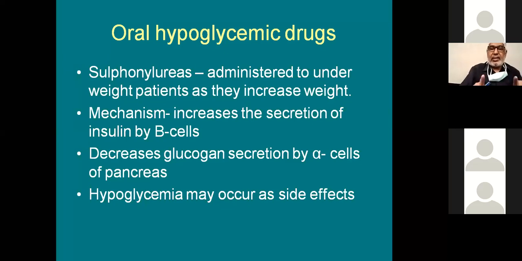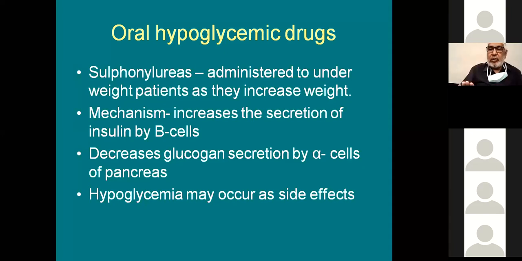Hypoglycemia may occur as side effect. अब इंसुलिन का मेन जो हमने डिस्कस किया साइड इफेक्ट वो हाइपोग्लाइसीमिया, लेकिन ओरल हाइपोग्लाइसेमिक ड्रग्स में ये सल्फोनाइलूरिया का ग्रुप जो है ये भी हाइपोग्लाइसीमिया करा सकता है. लेकिन दूसरा ग्रुप जिसमें बिगुआनाइड्स आ जाते हैं, मेटफॉर्मिन, फेनफॉर्मिन, नॉर्मली वो हाइपोग्लाइसीमिया नहीं कराते as compared to the oral hypoglycemic drugs of the sulphonylurea group.